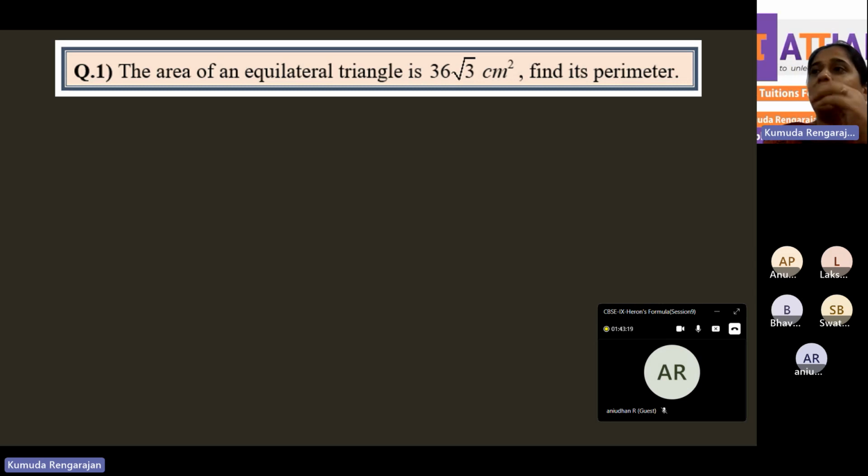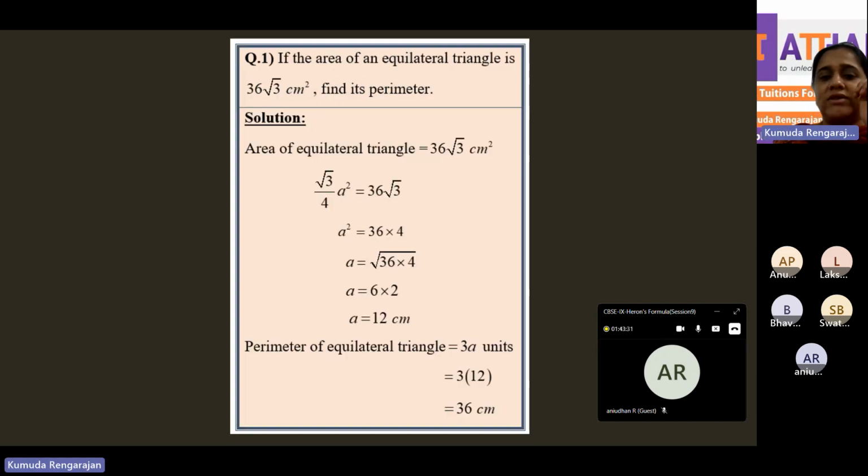Okay, so what's the formula to find the area of an equilateral triangle? Root 3 by 4 a square, and root 3 by 4 a square is given to be 36 root 3. So you can find a and hence find the perimeter.